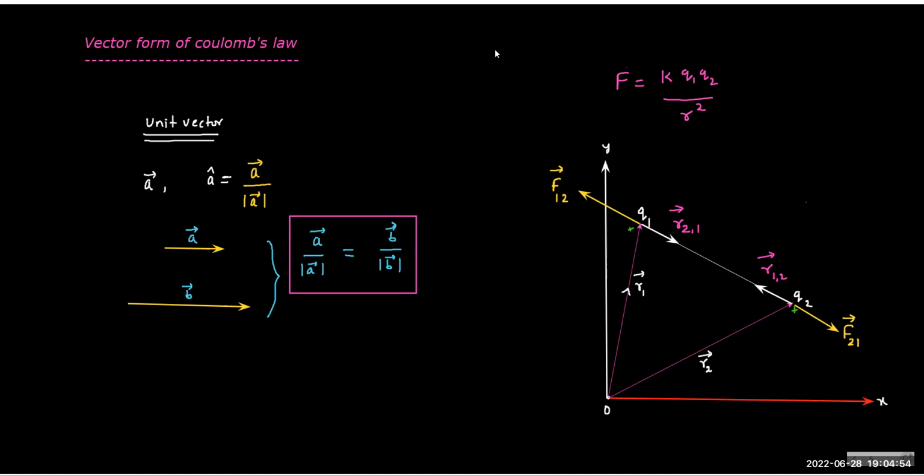Yes. And again, we can apply the vector concept of unit vectors. Since F12 is parallel with R12, tell me guys, what should I write next? If two vectors are parallel, what must be equal?